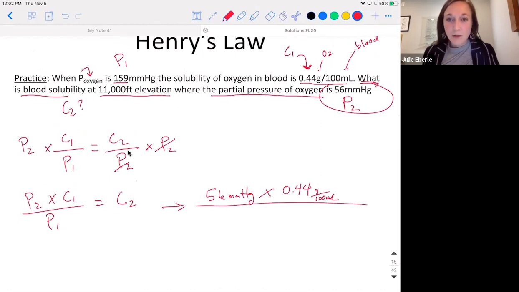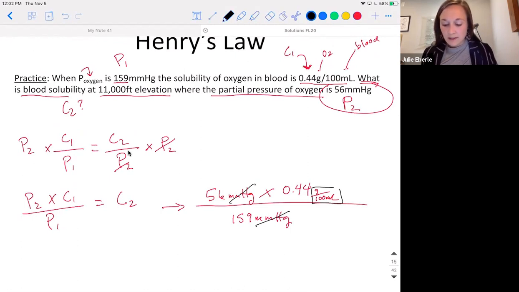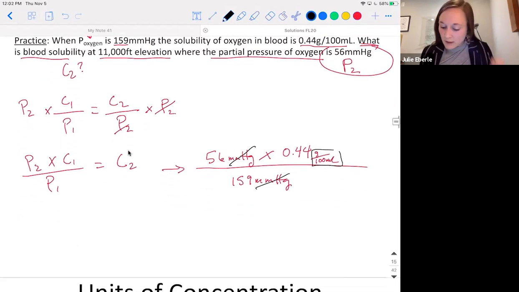You're not going to divide by that 100. And on the bottom is P1, which is the 159 millimeters of mercury. Notice the units of millimeters of mercury cancel out, and we are left with units of grams per 100 milliliters. So we do 56 times 0.44 divided by 159.